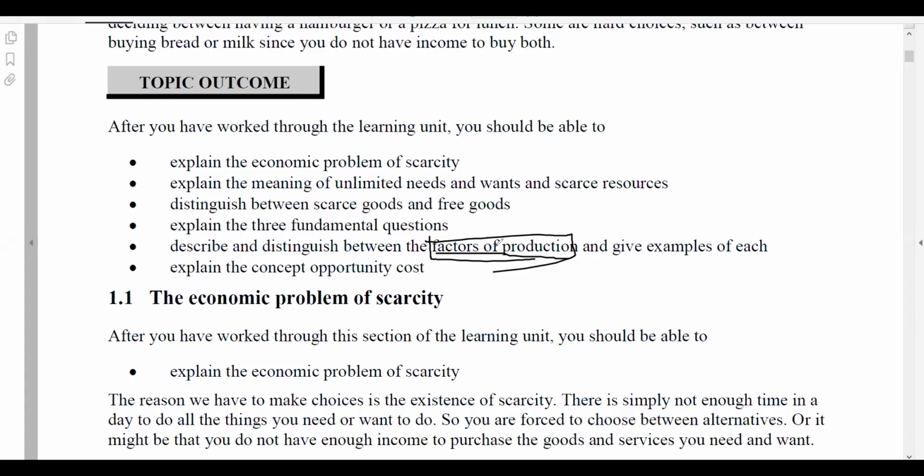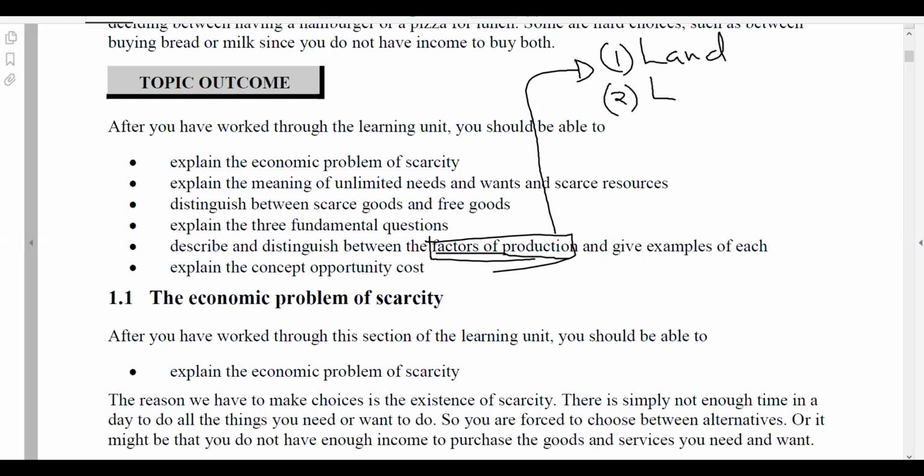So I was saying, what are the factors of production? What things do we use to produce goods and services? Those are the factors of production. There are four. It can be land, machinery, workers, and so we use land. That is number one. To produce goods and services, we need land.